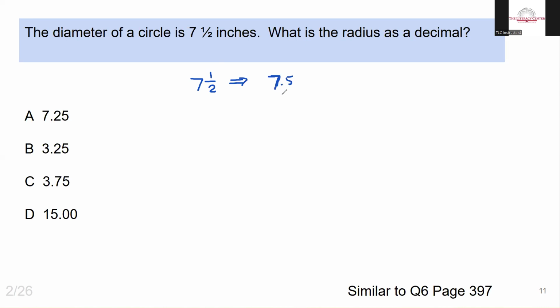So 7.5, and then we divide by 2 and we get 3.75 as our answer. 3.75. Answer C. All right. Let's continue on.